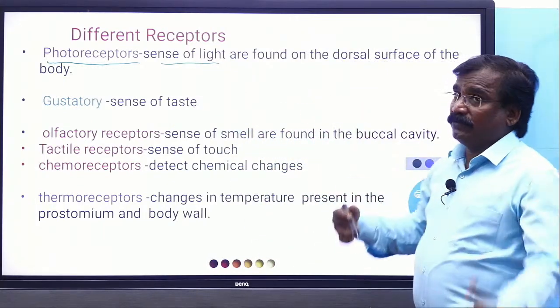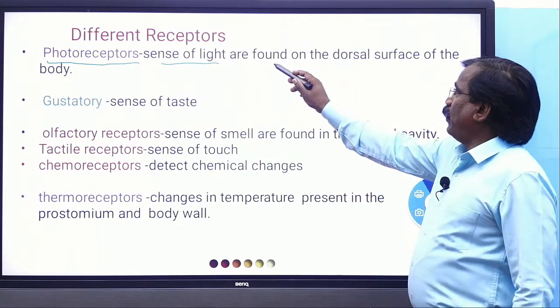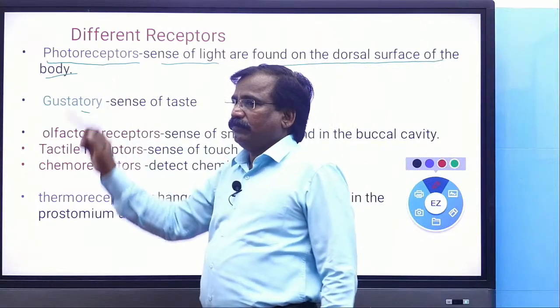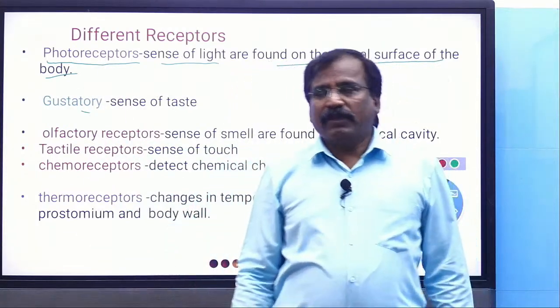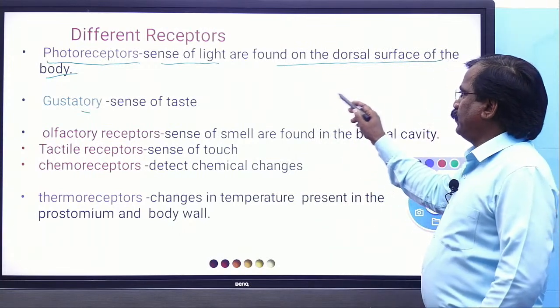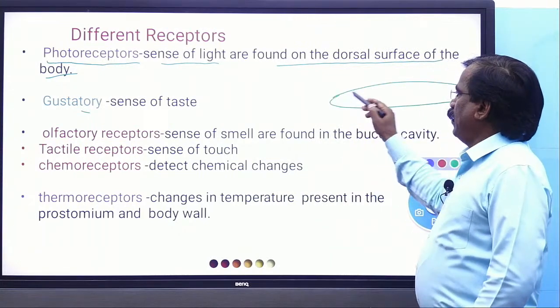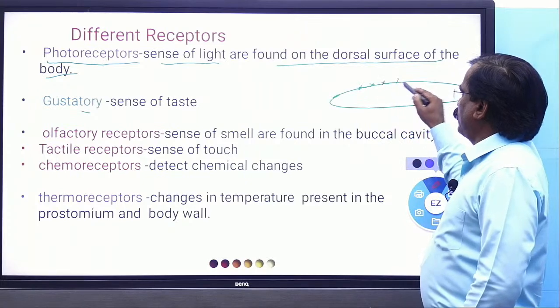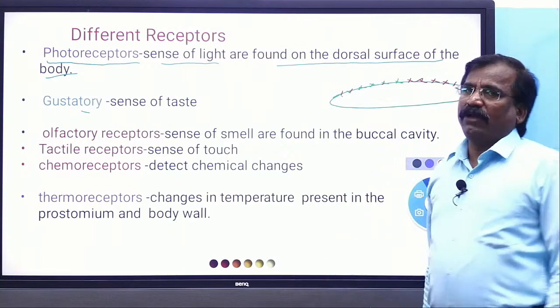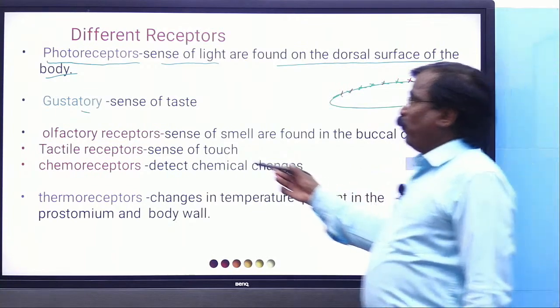Where are they located? This is important. They are found on the dorsal surface of the body. This is the earthworm. Dorsal means upper side.